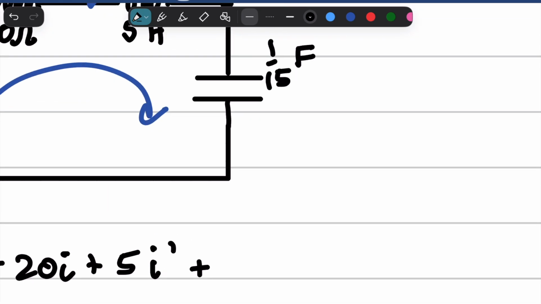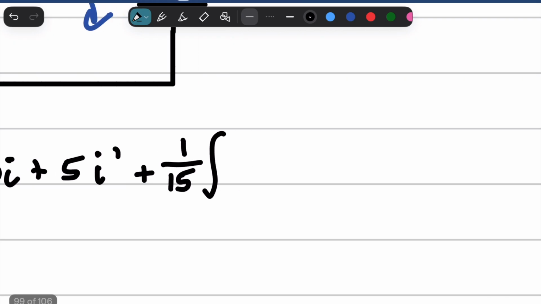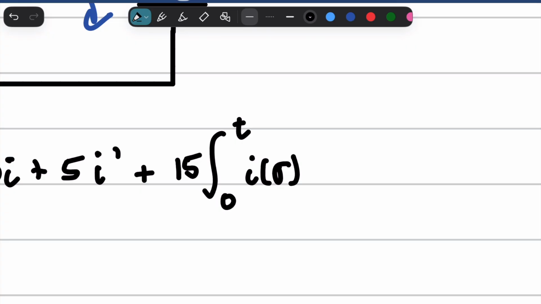That's supposed to be 15, and then we've got 1 over 15, and we've got this integral sign. Oh, but it's not 1 over 15. Remember, it's flipped, so we have to flip it again. So we've got 15 right here, integral from 0 to t of I d sigma plus V sigma equals 0.